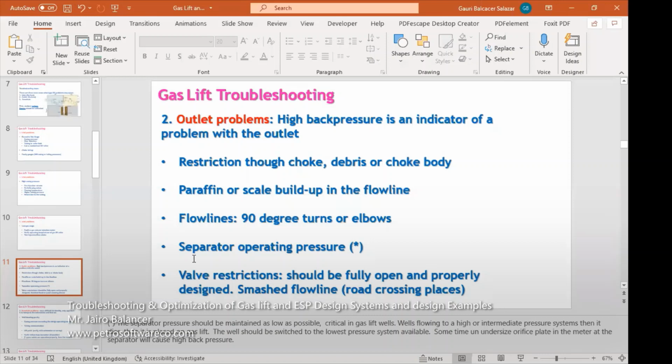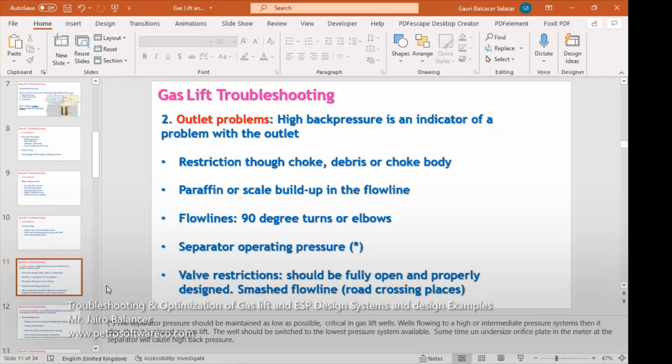Separator operating pressure should be maintained as low as possible. It is critical in gas lift wells, because the lower the separator pressure, the less back pressure is required to produce the well. I mean, you are optimizing: the lower the separator pressure, the more chances to get optimum or higher flow rates.